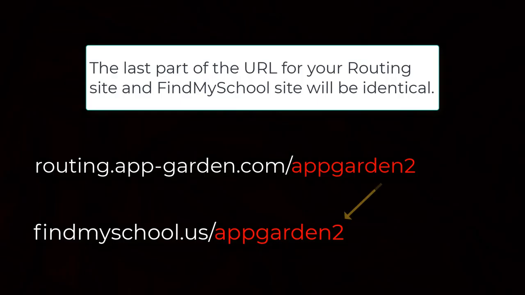So the FindMySchool.us website is going to be findmyschool.us/appgarden2. So all you'll need to do is do findmyschool.us/ whatever that last part of your routing URL is. It will most likely have something to do with your district name.